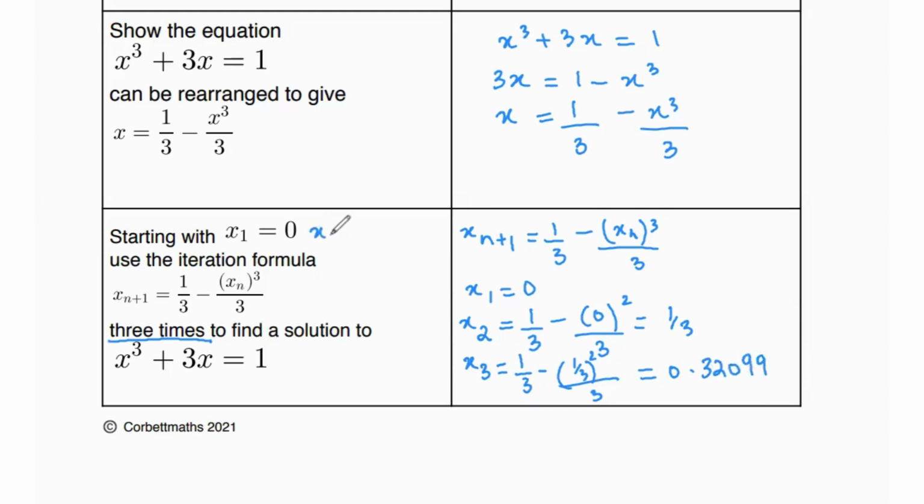And for the last one, it's going to be 1 over 3 minus 0.32099 cubed over 3, and that's going to give us 0.32231. So you have used this formula 3 times to find the solution to the equation, and this is your answer.